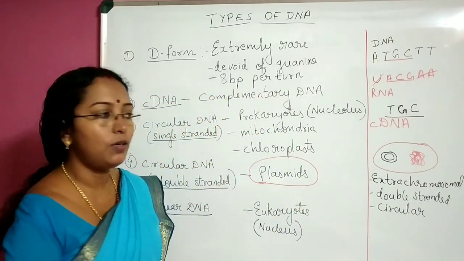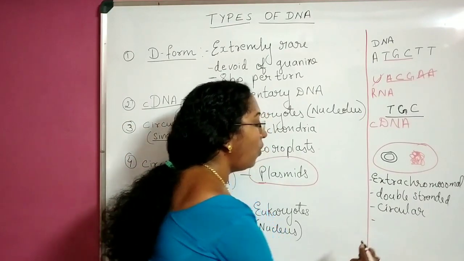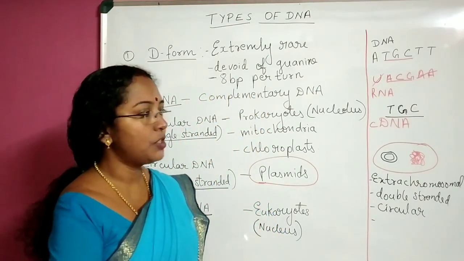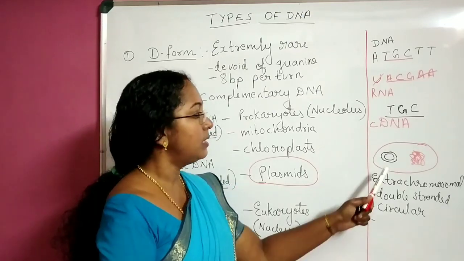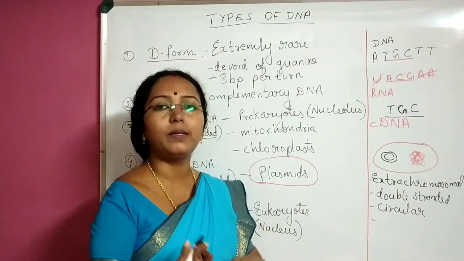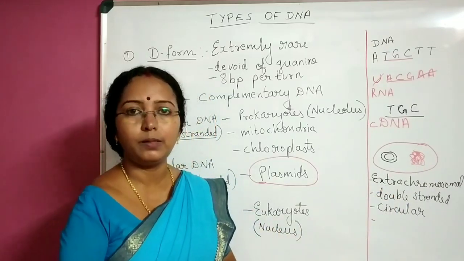Circular DNA molecule, and it is capable of self-replication, that is independent replication. Replication means multiplication. That means it is not depending on the chromosomal DNA in any way for it to multiply. It has its own mechanism of multiplication.